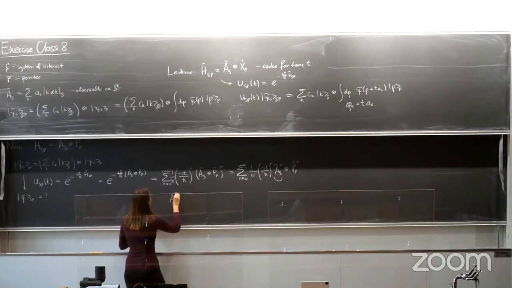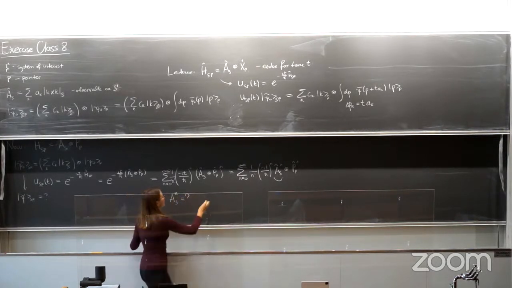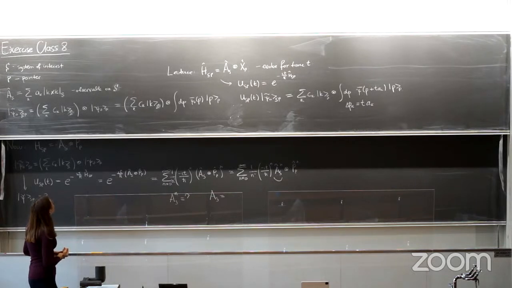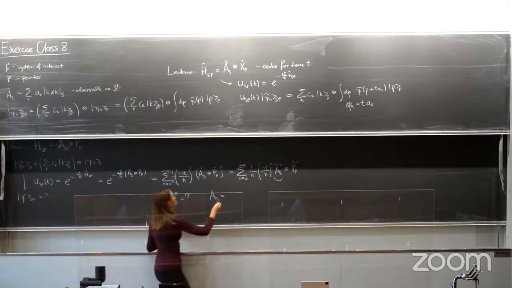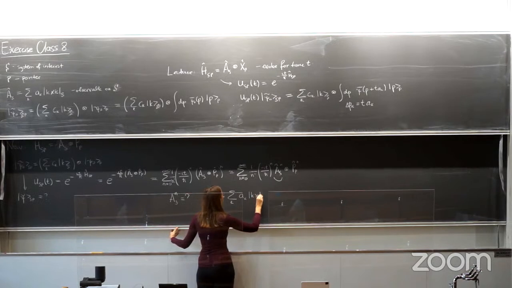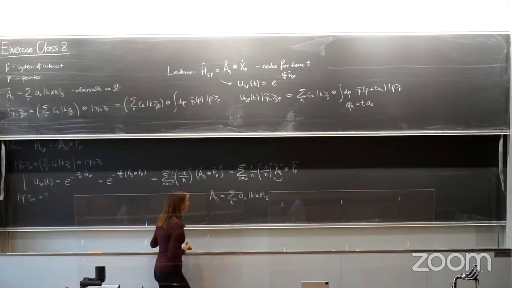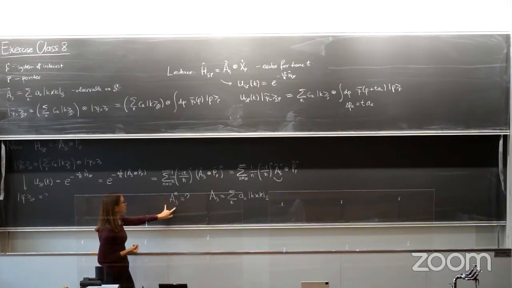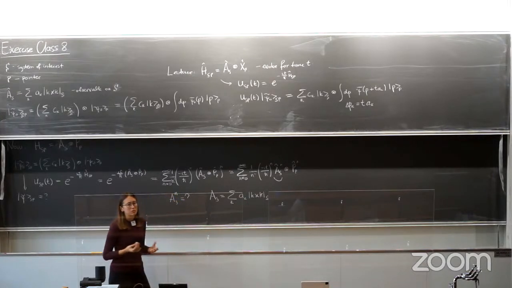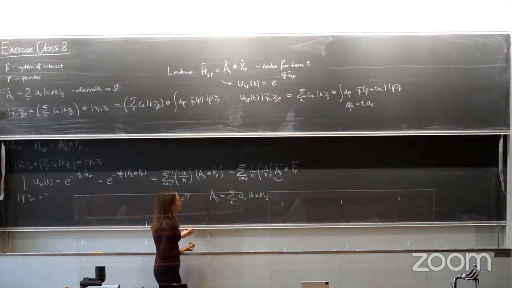A_S is this observable, which is written in its own eigenbasis, so we can write it as the sum over k of a_k |k><k| on the system S. One easy way to see how we put it to the power n is to consider the matrix which corresponds to this sum, see that it's a diagonal matrix, and whenever we multiply diagonal matrices, what we get is always a diagonal matrix.